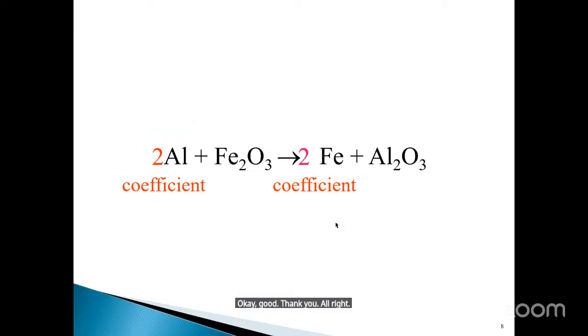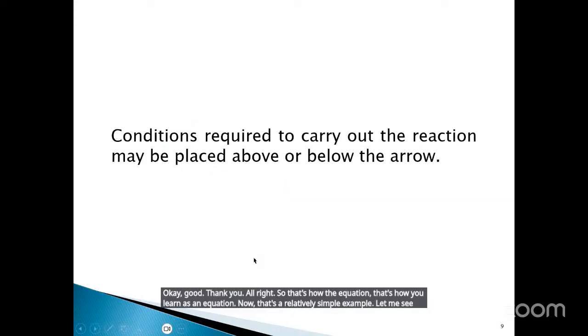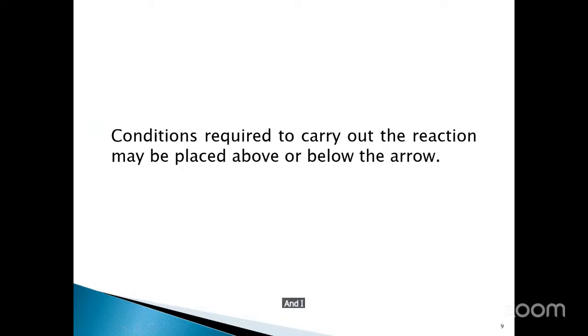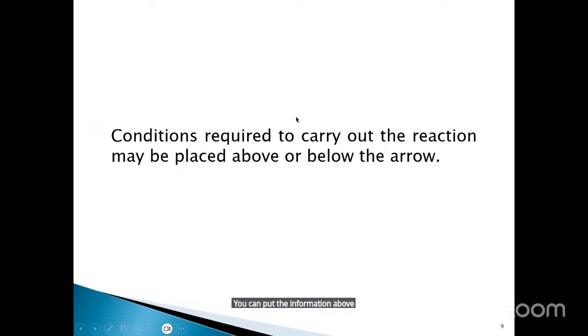So that's how you balance an equation. Now, that's a relatively simple example. In some cases, and I've mentioned this before, equations can be written such that they give you information about the conditions of the different substances involved, but also the overall condition of the reaction. In that case, you can put the information above or below the arrow, such as a symbol like this.